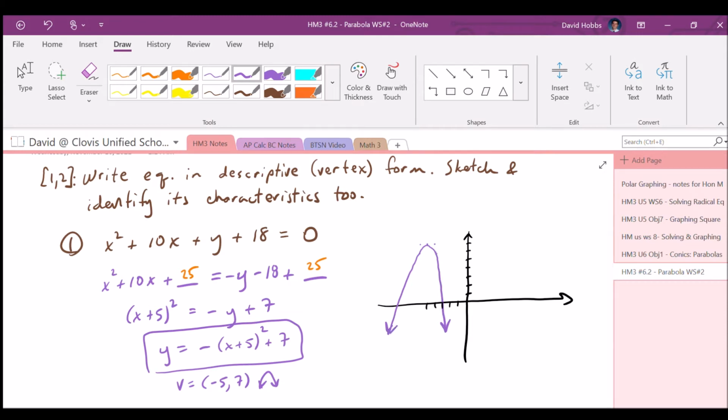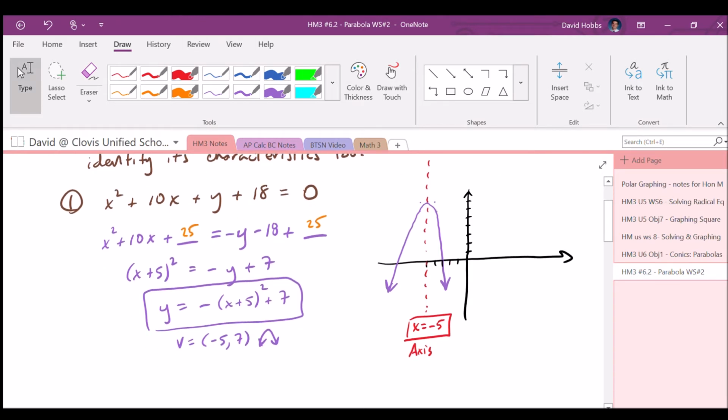Now let's remind ourselves that the axis of symmetry goes through the vertex, and that's x equals negative 5 for the axis of symmetry. And there's my vertex. To be able to get the focus and the directrix, I need to calculate the c value.